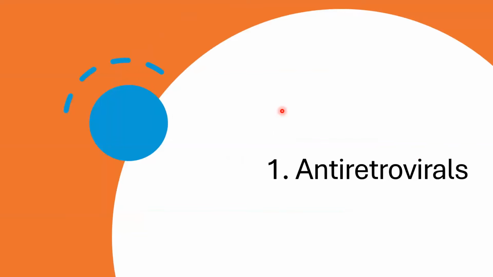Now, first topic is antiretrovirals. Why are they called antiretrovirals? Okay, so because they target the retroviruses, like HIV, it's a retrovirus. What's a retrovirus? It's basically a virus that uses reverse transcriptase.